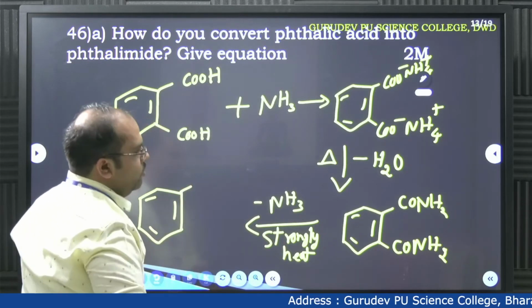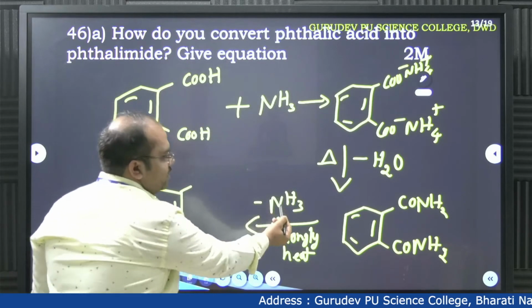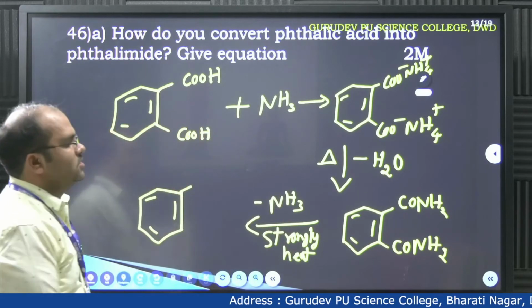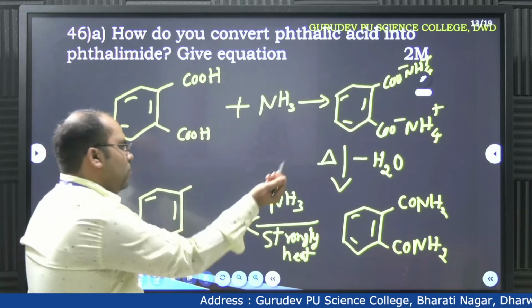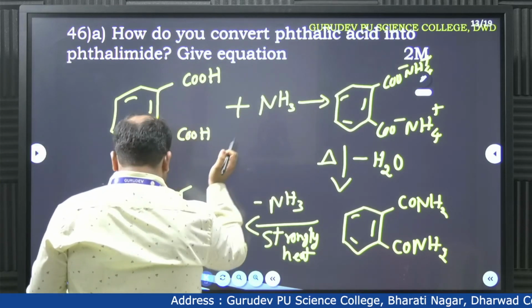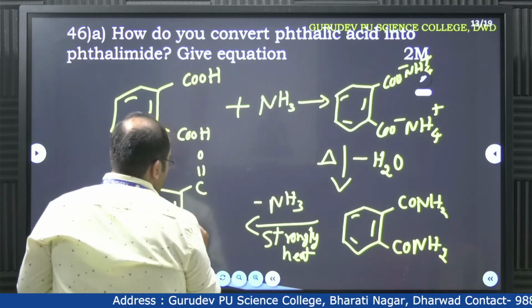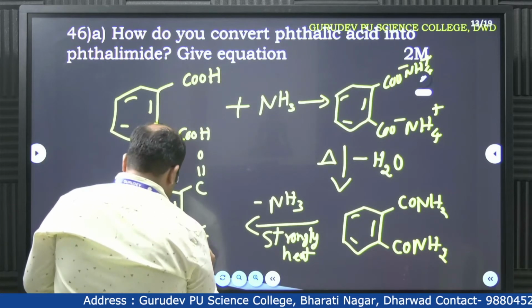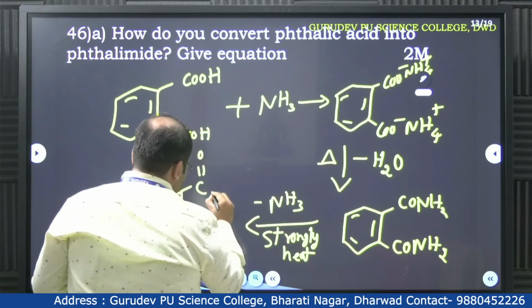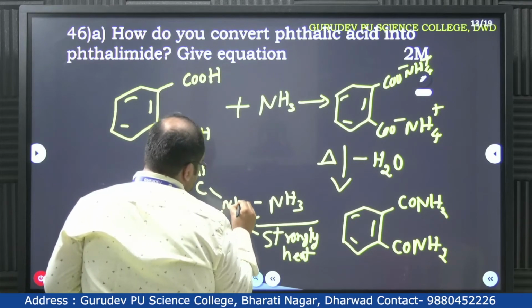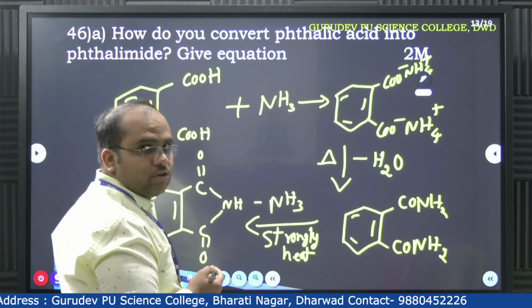In CONH2, you have to remove the NH3 groups. While removing the NH3 groups, the product phthalimide is formed, with the NH group.